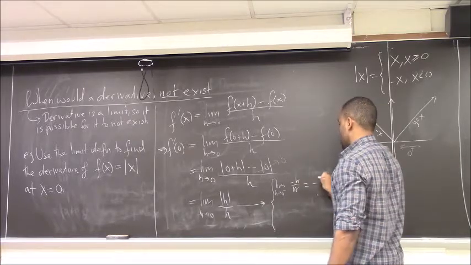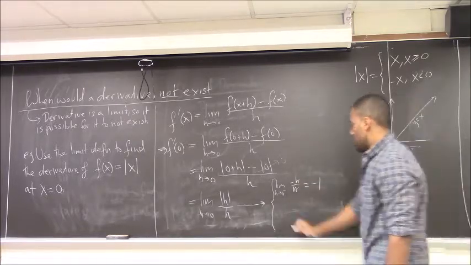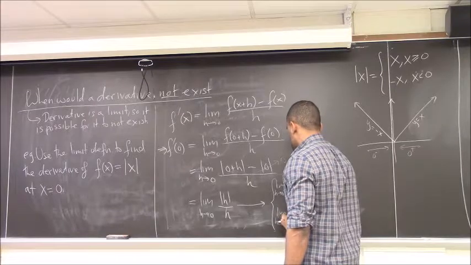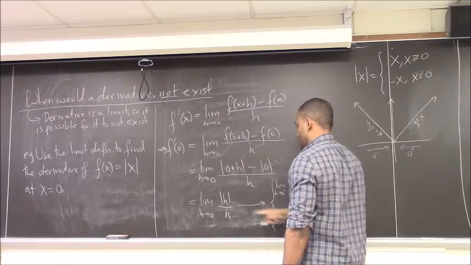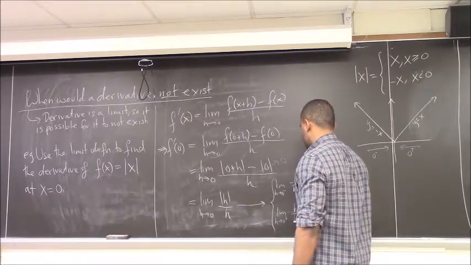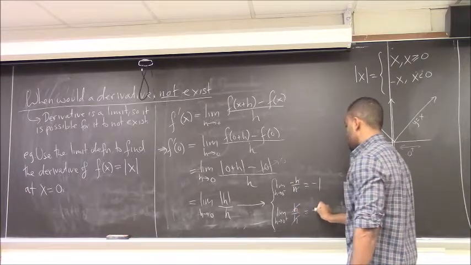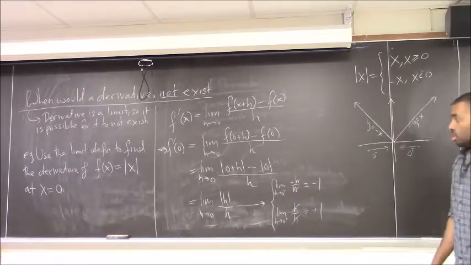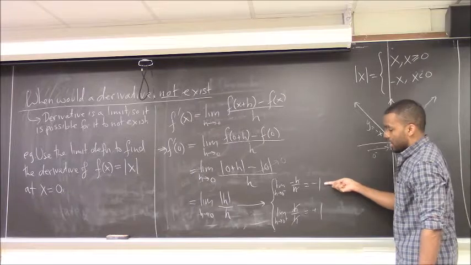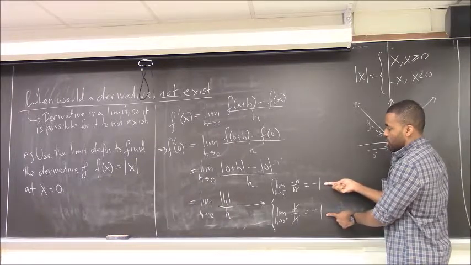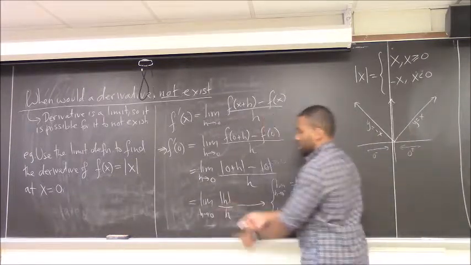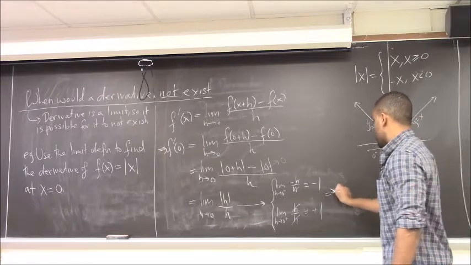That would cancel and give me negative 1. If I'm approaching 0 from the right side, the absolute value of h just returns h. That would cancel and give me positive 1. So from the left, I get negative 1; from the right, I get positive 1. What does that tell me about the limit as h approaches 0? It doesn't exist.